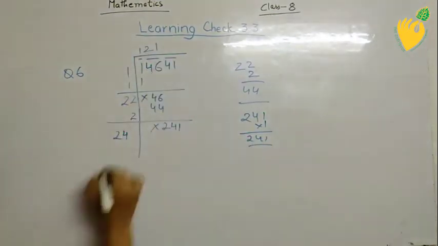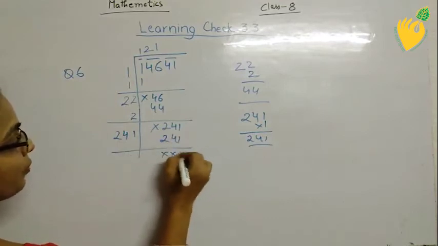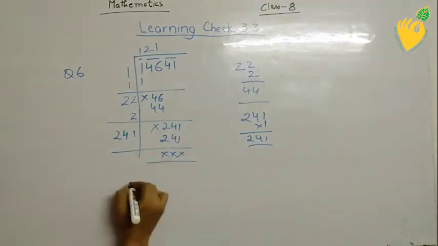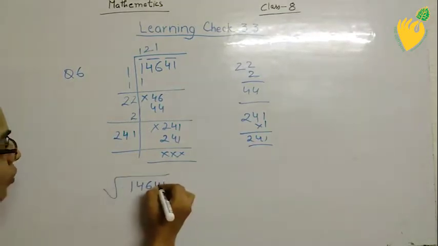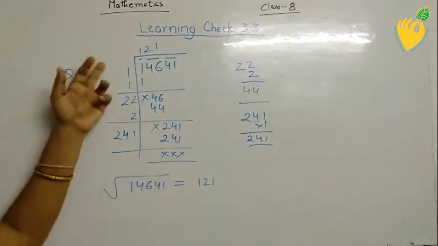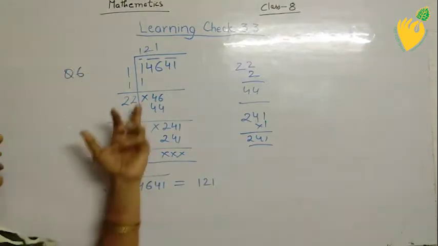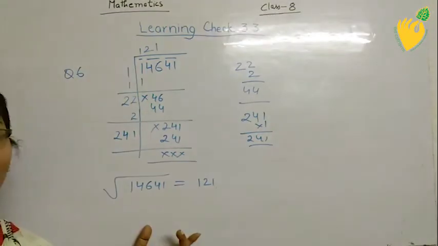You have multiplied it by 1, 241. So what is the square root? You will write it like this: 14641, and its square root is 121. So this is the division method to find the square root of any number, which I have already told you in Learning Check 3.1.